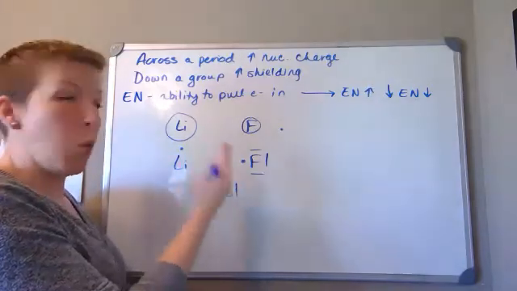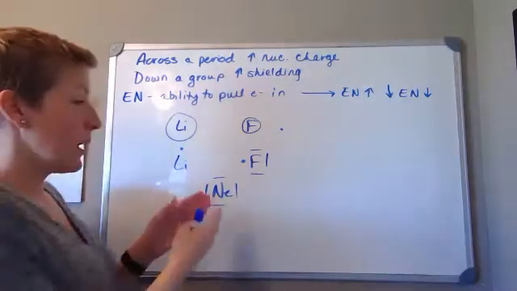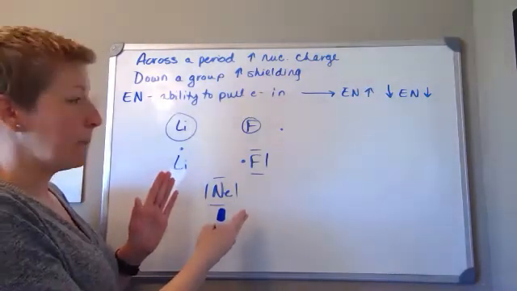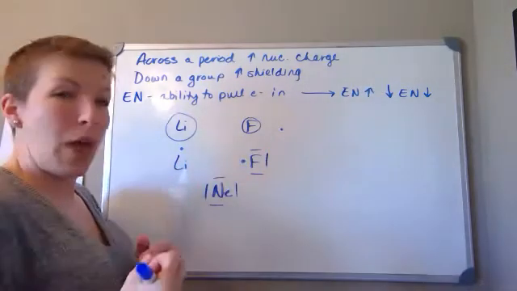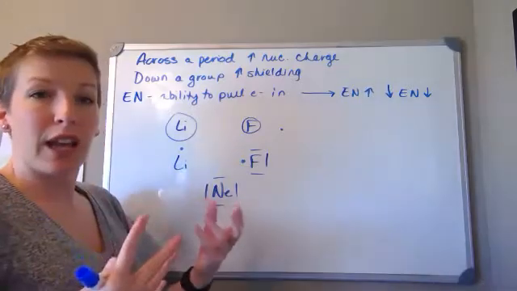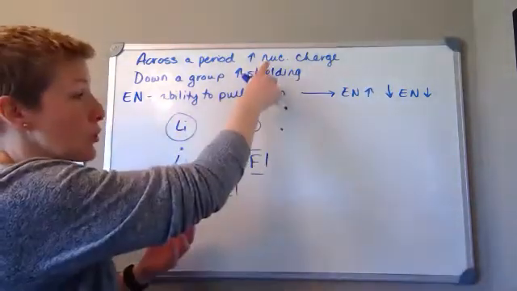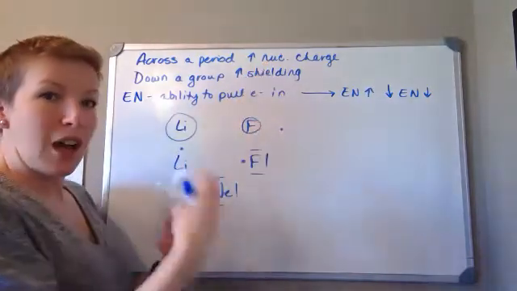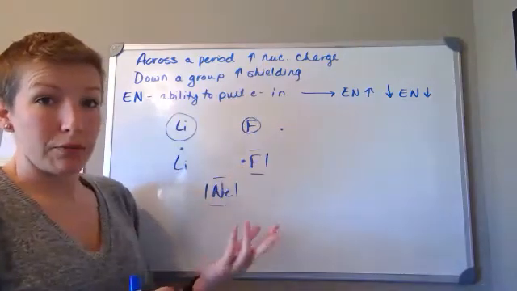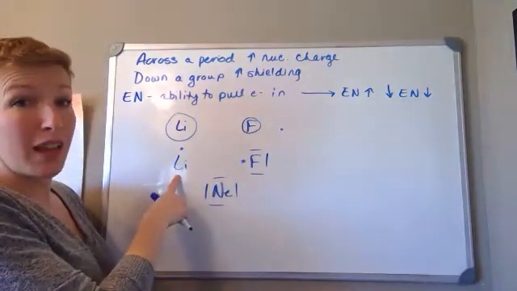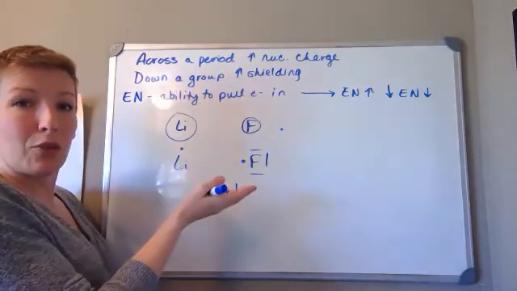Fluorine. It's 1 electron away from being this perfect noble gas, this full octet. So wouldn't you think that fluorine would want to pull that last electron in as fiercely as it could? It's able to do that because, again, it has that increased nuclear charge, but it all ties together. It also wants to pull that in really strongly because then it's full. Whereas lithium could really care less, because if there's a little electron floating around, what's that going to do for lithium?